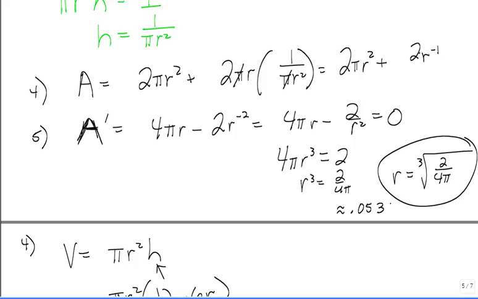Checking that. 0.54. But I know h is 1 over pi r squared, so that's approximately 1 over pi 0.54 squared.